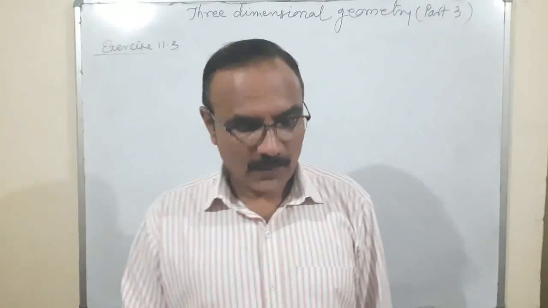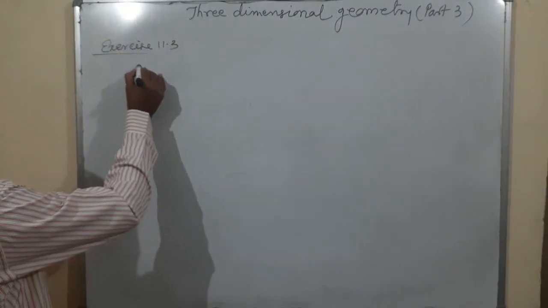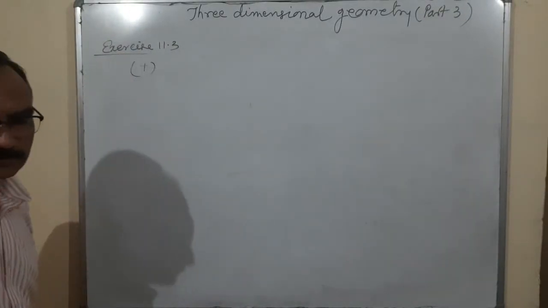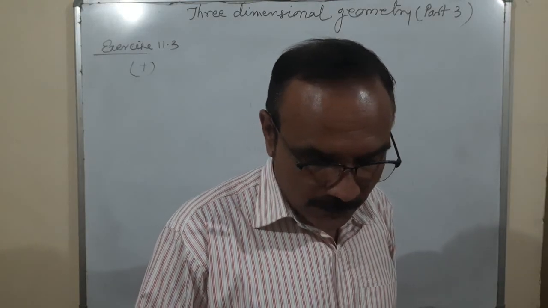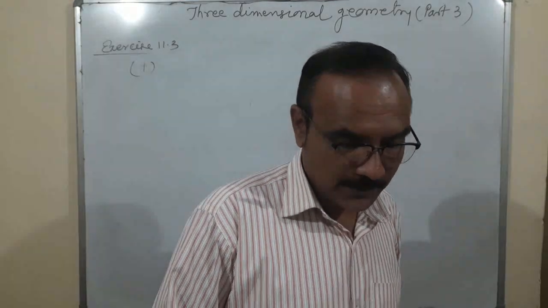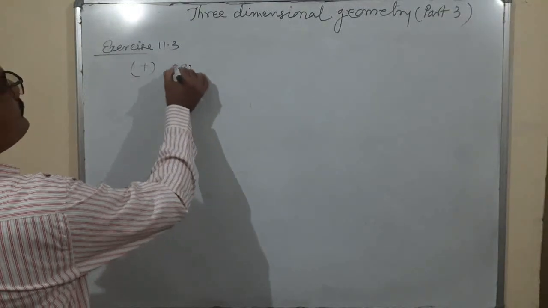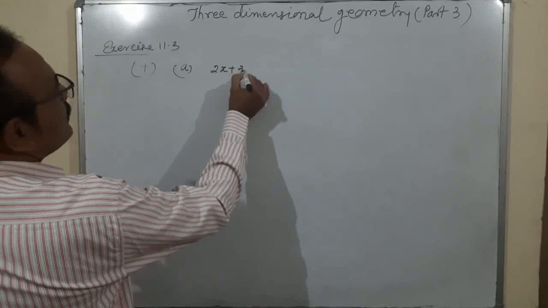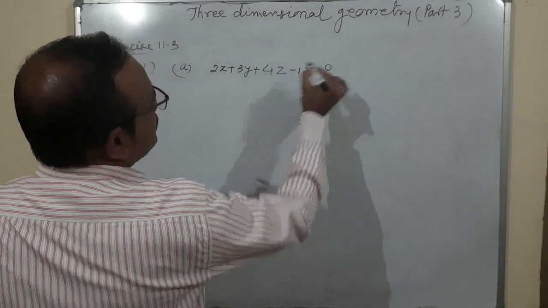Okay, taking question number 4. In the following case, find the coordinates of the foot of perpendicular drawn from the origin to the plane 2x plus 3y plus 4z minus 12 is equal to 0.